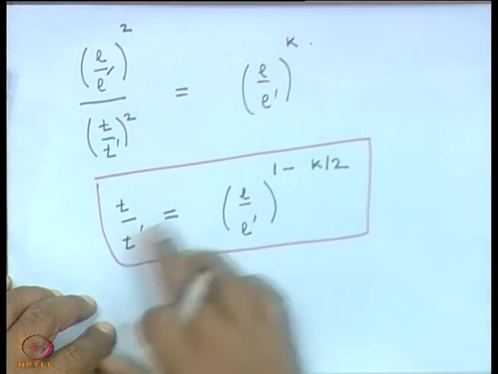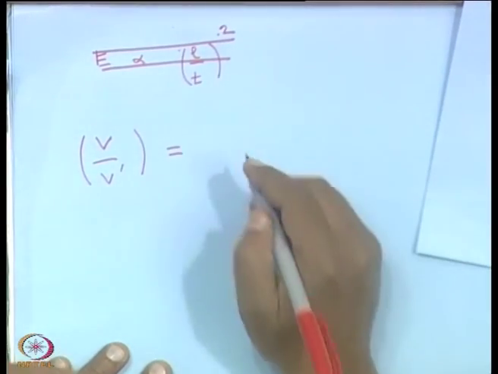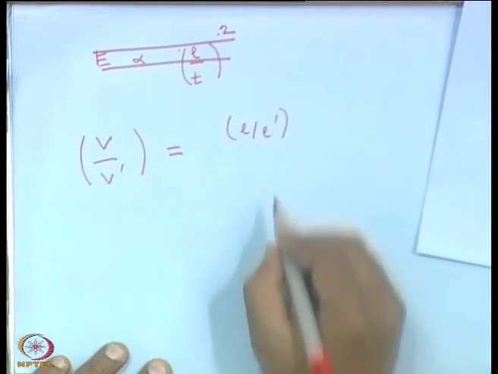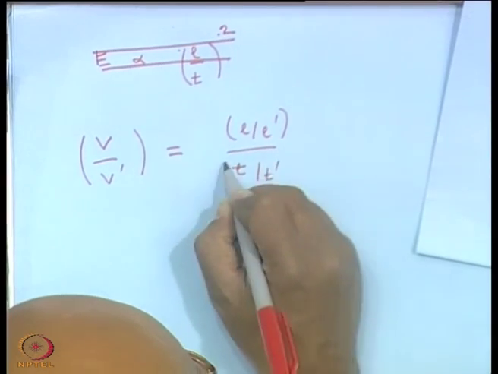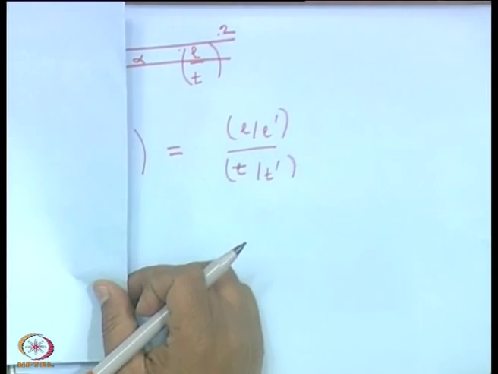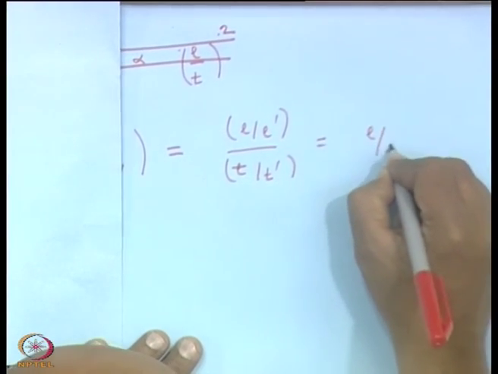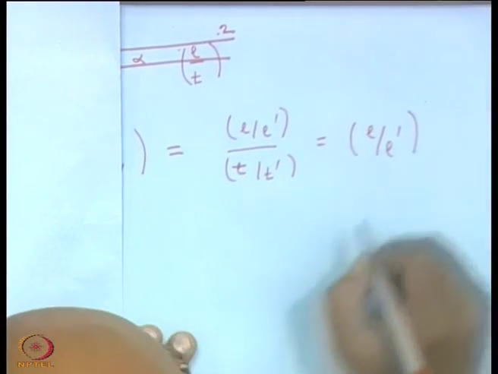You can work that out by just noting that velocity is L by T. So, this is going to be L by L prime divided by T by T prime, and so this is going to be equal to L by L prime to the power of, how much is it?